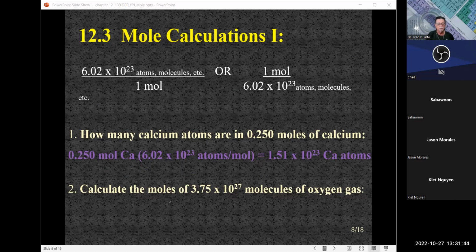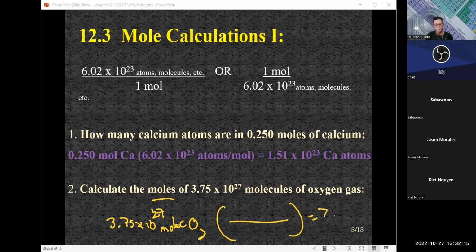It says, how many moles are in 3.75 times 10 to the 27 molecules of oxygen gas? All right, so 3.75 times 10 to the 27 molecules, I'm doing shorthand, molec, molecules of O2, and we're looking for how many moles that represents.